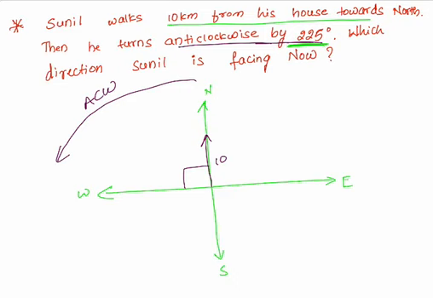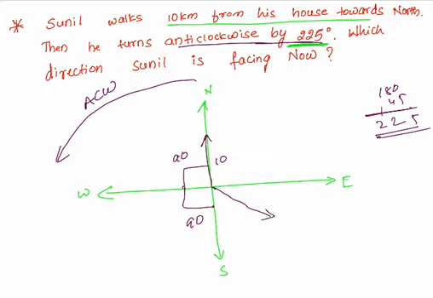Here to here 90, here to here 90, this is 180. Then 45 more means now he is in this direction. You add all these, this is a 225 degree anti-clockwise movement.